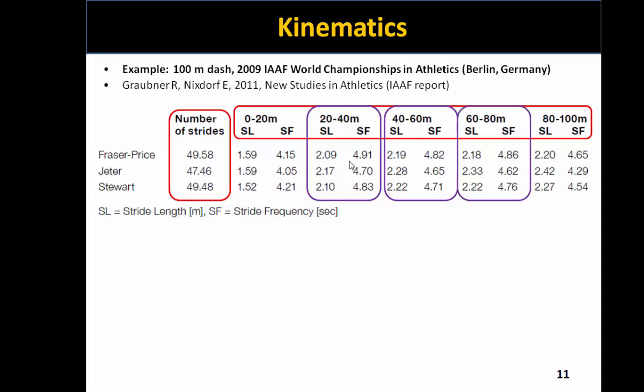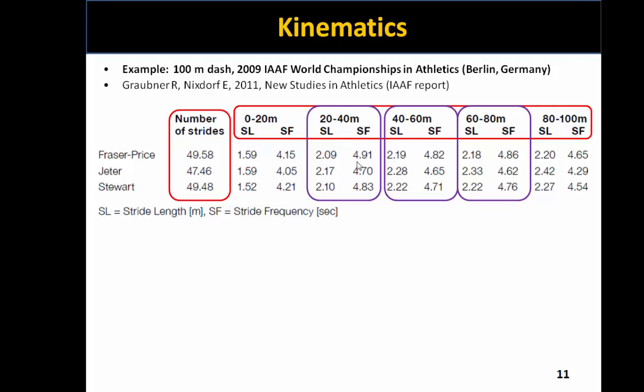In terms of stride frequency, the gold medal winner achieved a peak stride frequency at this point in the race of 4.91, decreased to 4.82, increased a little bit over the 60 to 80 meter mark, but then dropped considerably in the last 20 meters, as it did for the silver and bronze medalists.